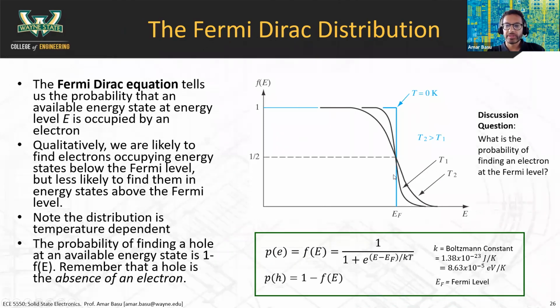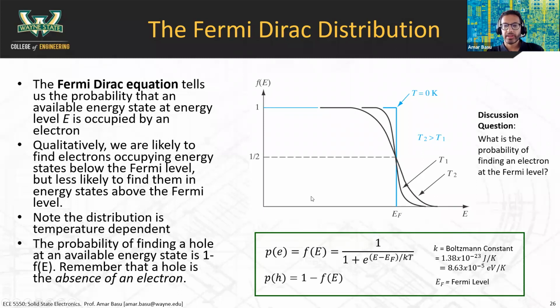At 0 Kelvin, the probability of finding an electron above the Fermi level is basically 0, and the probability of finding an electron in an energy state below the Fermi level is 100%. Sharp cutoff. But at non-zero temperatures, this function looks more gradual. It's a gradual transition, like a sigmoidal curve, and the mathematical function describing that sigmoidal curve is given here: 1 over 1 plus e to the (E minus EF) over kT.